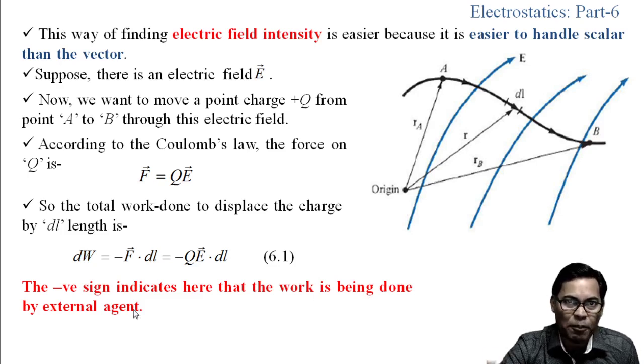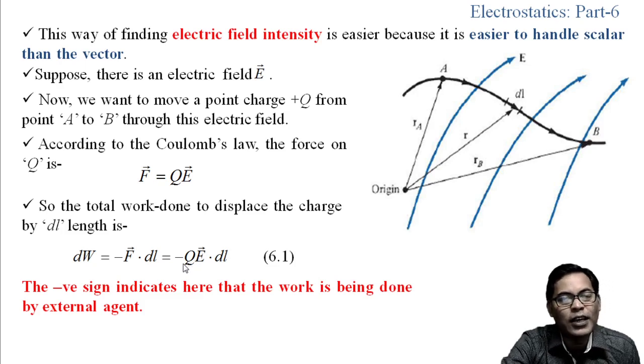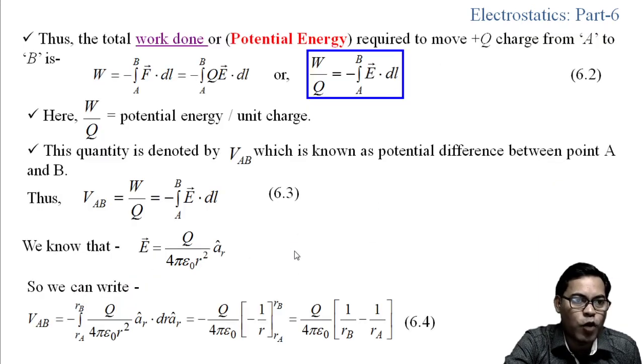That means we are applying an external force to move the plus q charge from point A to point B. If it is positive, then we can say the plus q charge is moving by the electrostatic field itself. So dW we can find from equation 6.1.